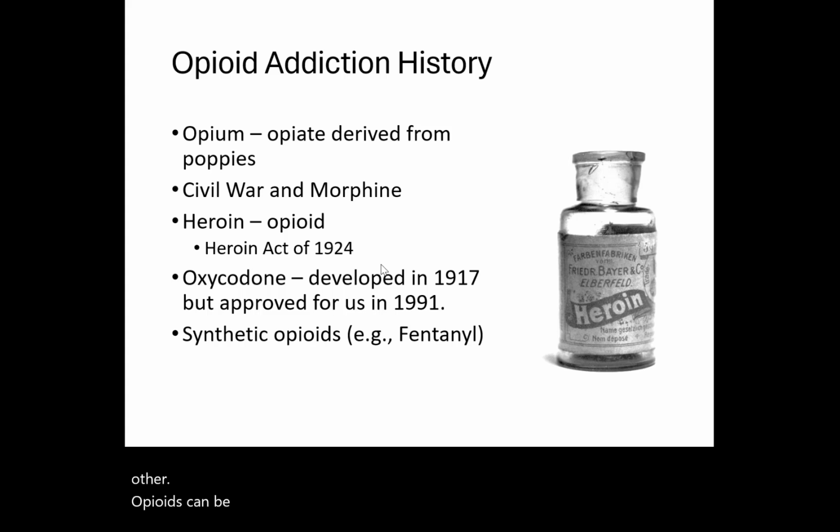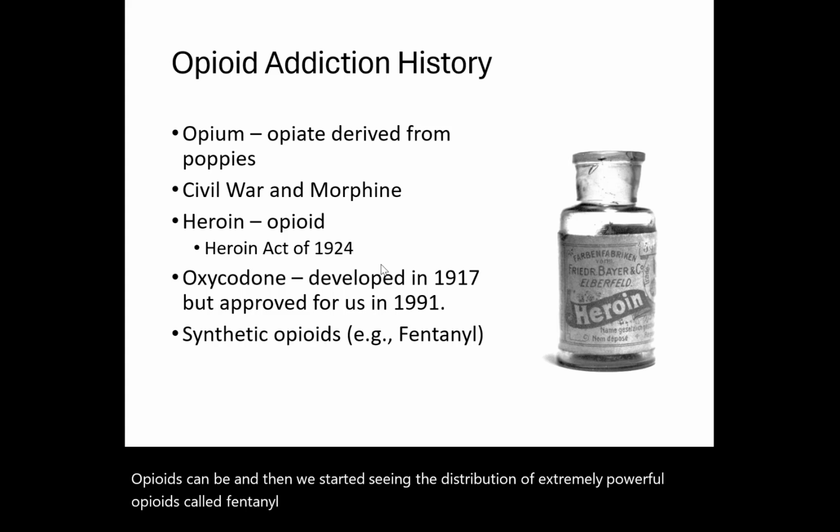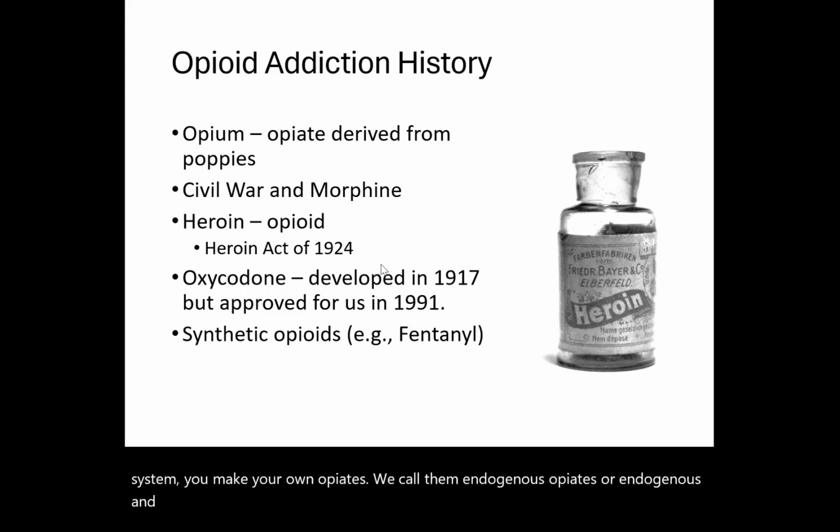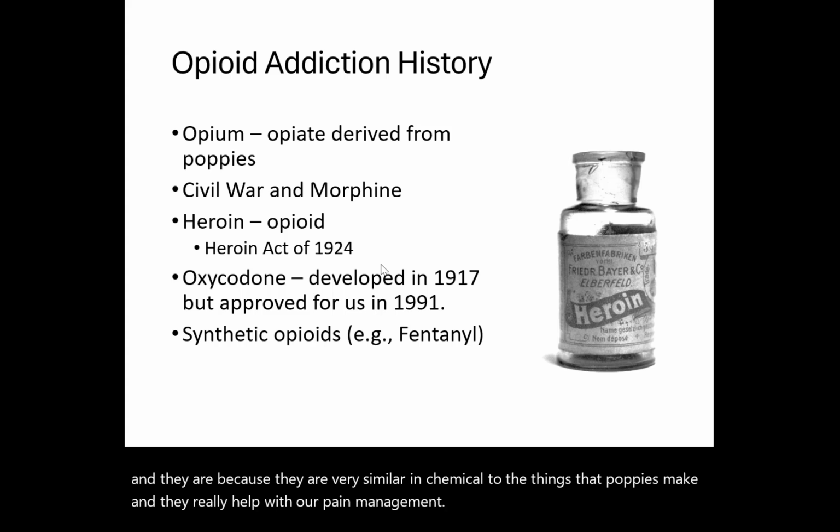And then we started seeing the distribution of extremely powerful opioids called fentanyl. Now, something you might not know, you have opiates in your system. You make your own opiates. We call them endogenous opiates, and they are very similar in chemistry to the things that poppy makes, and they really help with our pain management and sleep and some other things.